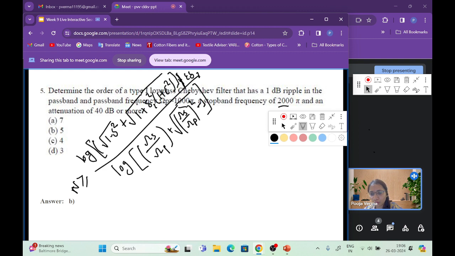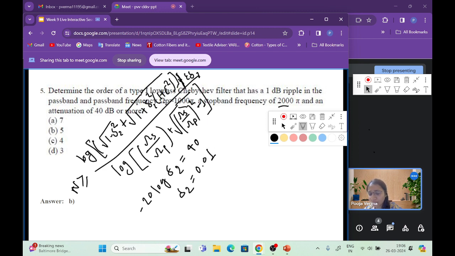Okay, now omega s and omega p are already given. We need to find out the stop band attenuation in order to solve this question, because only del 2 is required. It is given as 40 dB, so already we have solved it. If you solve minus 20 log del 2 is equal to 40 dB, you will get 0.01.